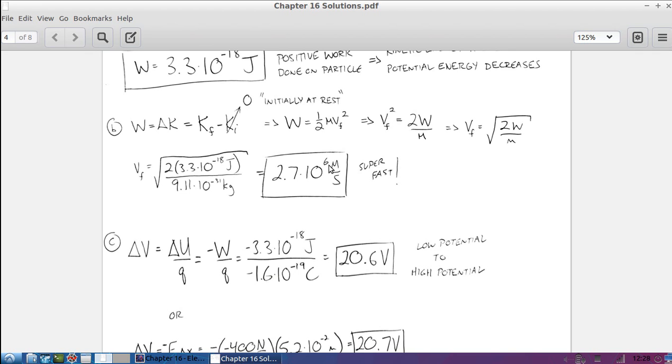Very, very fast. It doesn't take a whole lot of work on such a small particle, a particle with such a low mass. You notice this denominator is much smaller. So I've got a very, very high speed for this electron.